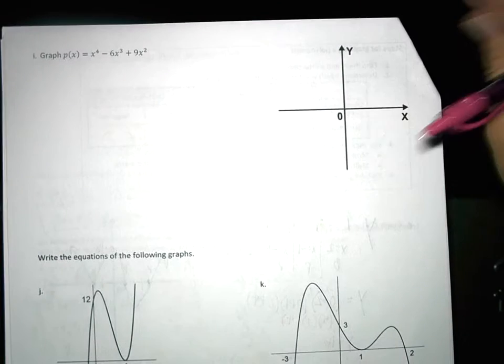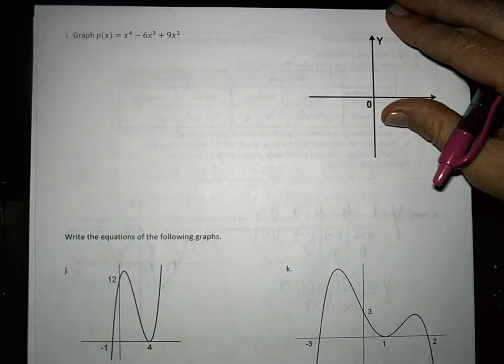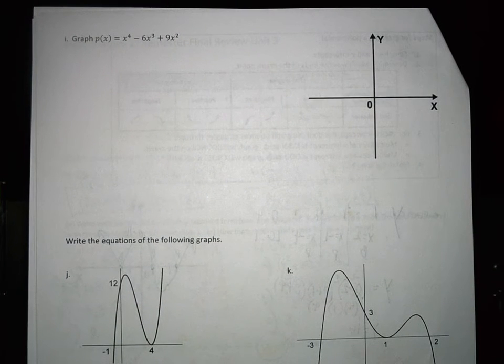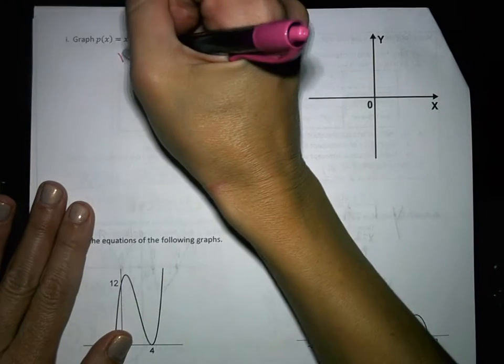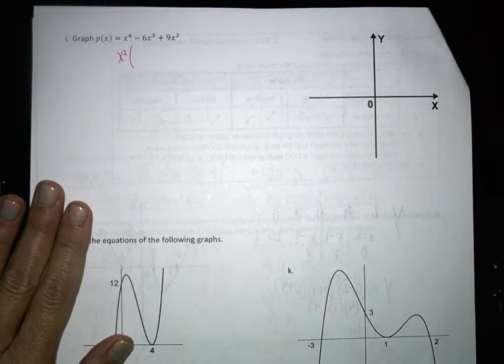All right. We need to stop talking. Okay. Here we go. This one is not factored at all. When you are factoring, what do we always check for first? GCF. Is there a GCF? X squared. X squared, and then what am I left with?